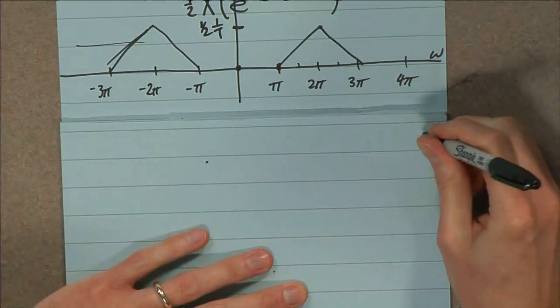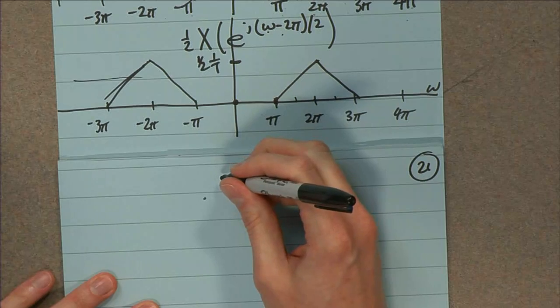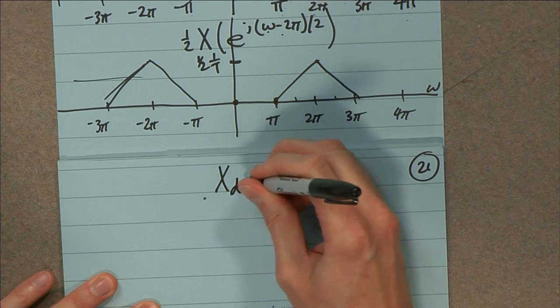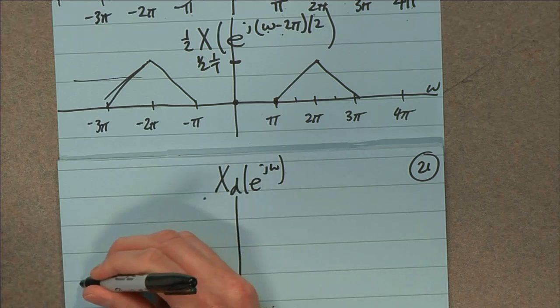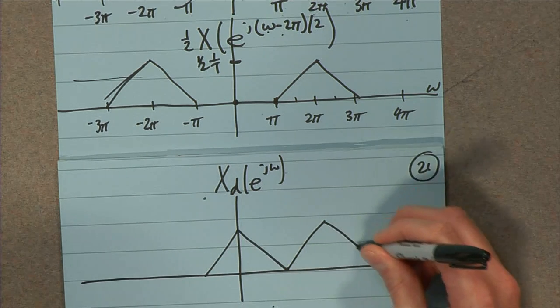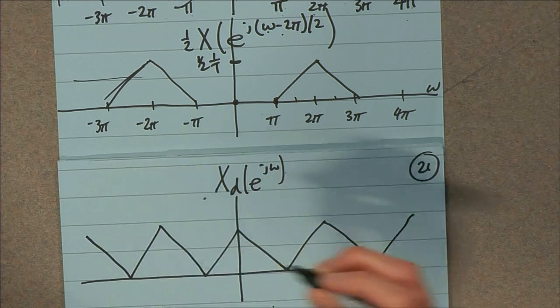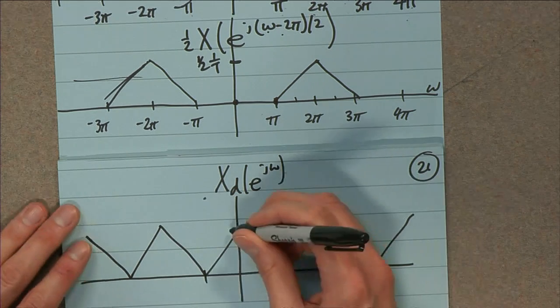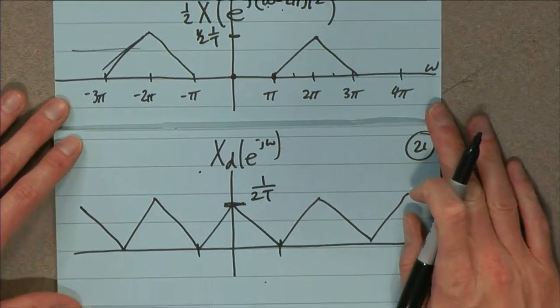So let's add them together and put them on the same plot. And so we get X_d(e^jω). And this is where we end up with this sort of triangular looking 1 over 2t spectrum.